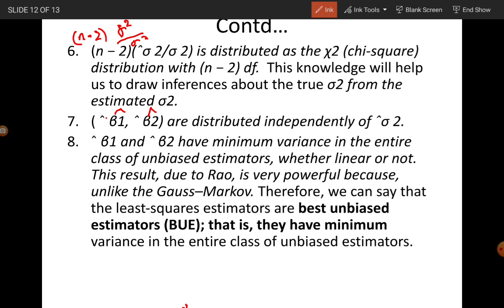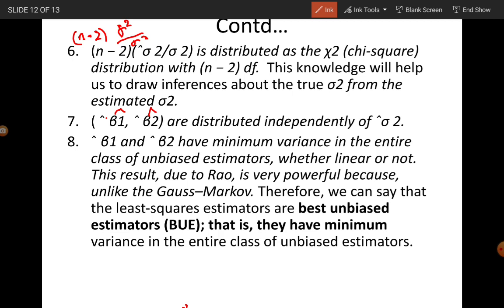Once you make this additional assumption of ui being distributed normally, the OLS estimators beta 1 hat and beta 2 hat are now the best unbiased estimators. That is, they have the minimum variance in the entire class of unbiased estimators.